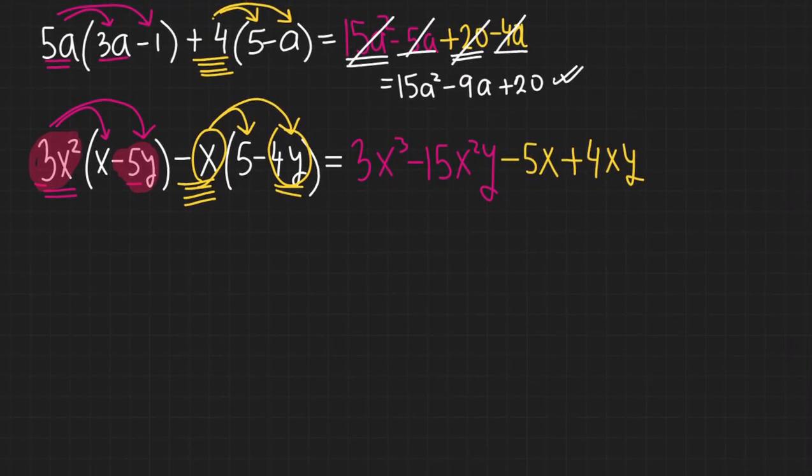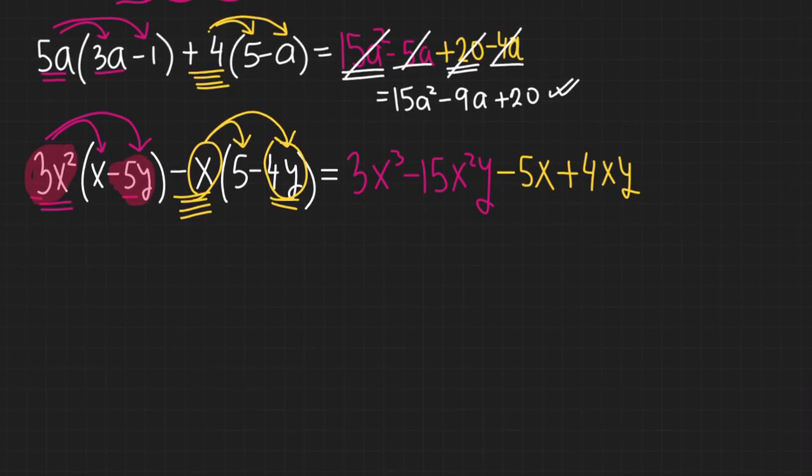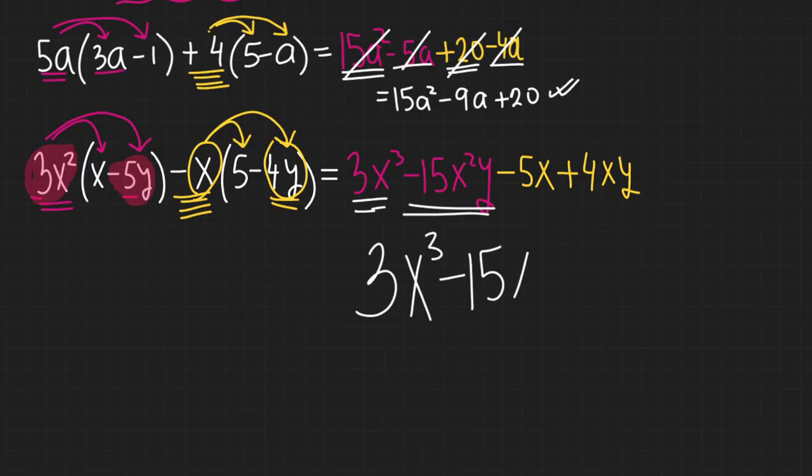Alright, good job guys. Now we have to check if we have any like terms over here. 3x cubed. Do we have any other 3x cubed? No. So 3x cubed remains the same. Minus 15x squared y. No other minus 15x squared y. It stays the same.